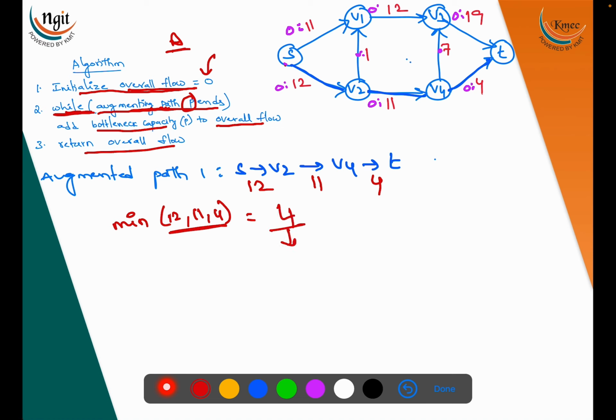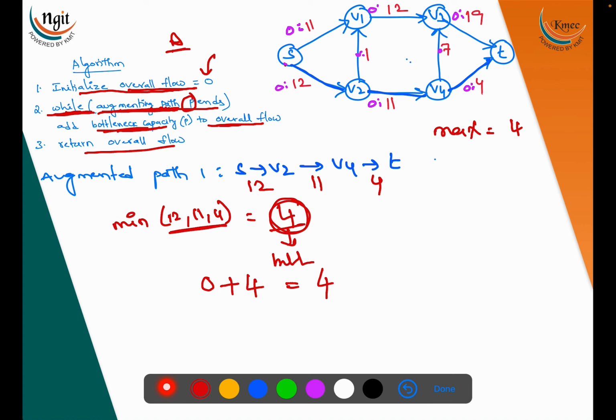So 4 is the bottleneck capacity. If you find an augmenting path, calculate the bottleneck capacity and add it to the overall flow. The overall flow was initially 0, and I am adding this bottleneck capacity, 4. Now the maximum flow is 4.